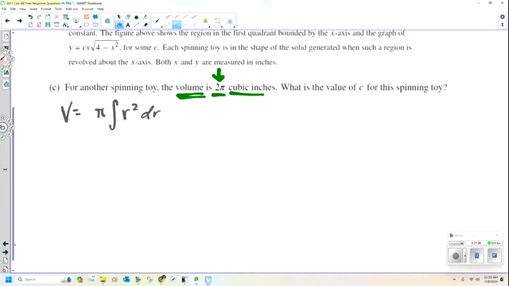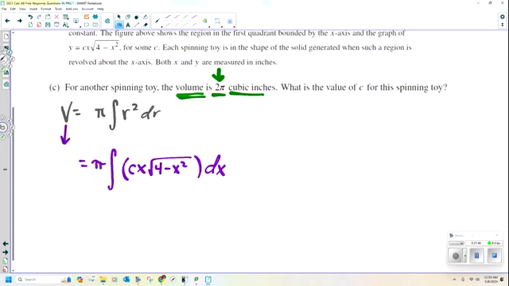I'm going to say that it is pi times the integral of my radius, which is c x square root of 4 minus x squared dx. That equals my volume.